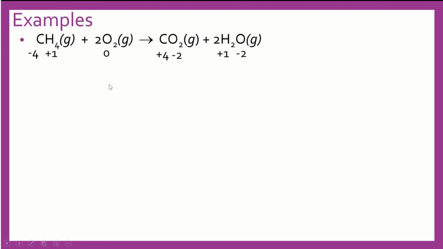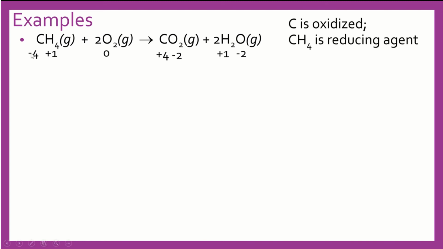There we go. Okay, so we've got 3 atoms here, or elements, carbon, hydrogen, and oxygen. Not all of them changed. So not all of them were oxidized or reduced. Carbon is oxidized. Negative 4 to positive 4.